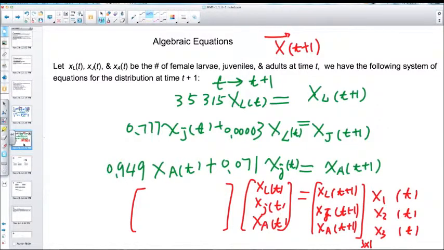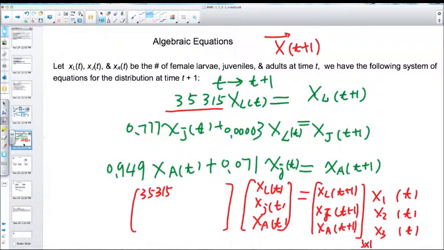Well, then you fill those numbers. You look at all this L, J, A. Then this is going to be this number here, 35,315.